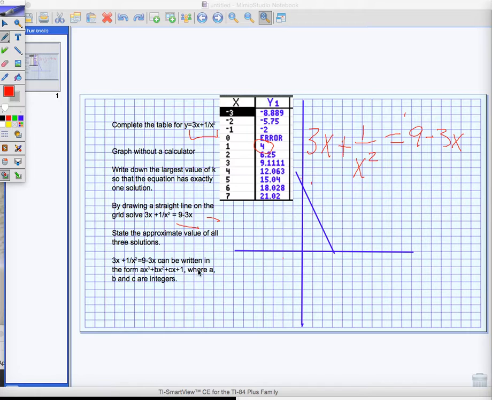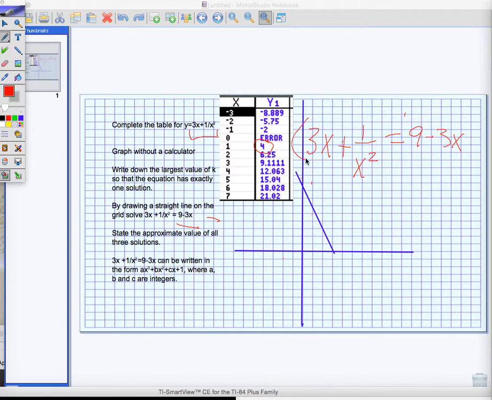So we want to do two things. We want to get all of our values on one side of our equation. We also don't want to have any fractions here. So notice this is a cubic that they're referring to, and we don't have a cubic. We do have an x squared in the denominator.